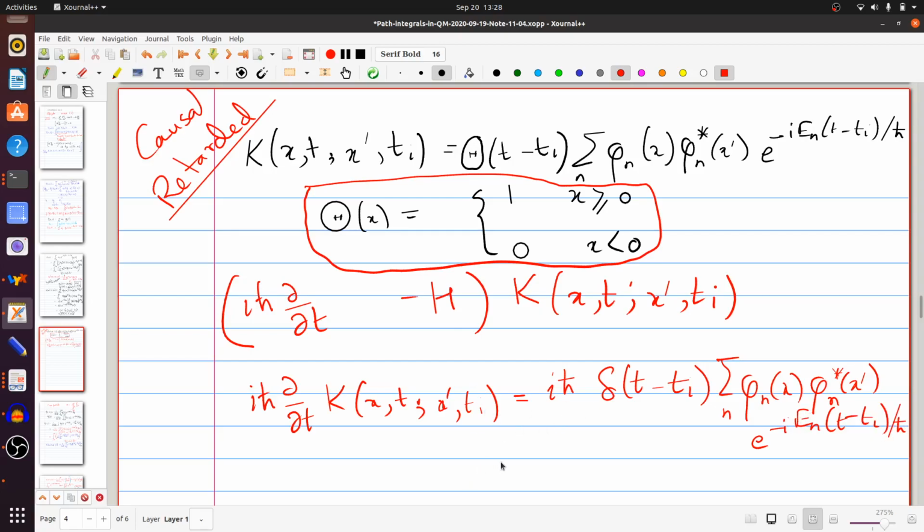That's one term. Of course, that's not the only term. We get one more term here because this factor, E n (t minus t i), also depends on t, and its derivative will give you a non-zero result. So we'll get theta of t minus t i, then the sum, and most of the terms in the sum of course will not be affected by the derivative. Phi n x, phi n star x prime, these are all independent of t, so they will not be affected. The exponential of course will just give you the exponential back.